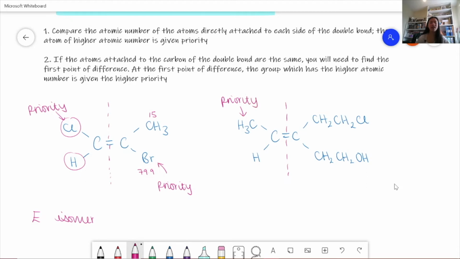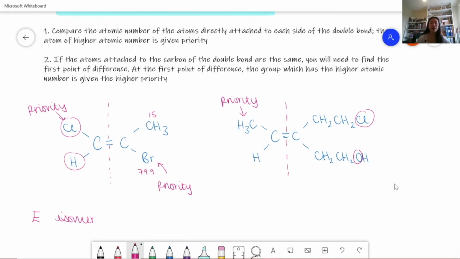And then now looking at the right-hand side, we see that the first thing that's attached to the carbon of the double bond is a carbon, and so that's the same. And so everything is the same until you get to the first point of difference, where we have chlorine and an oxygen. And so now we look at which one has the higher atomic number at this point.